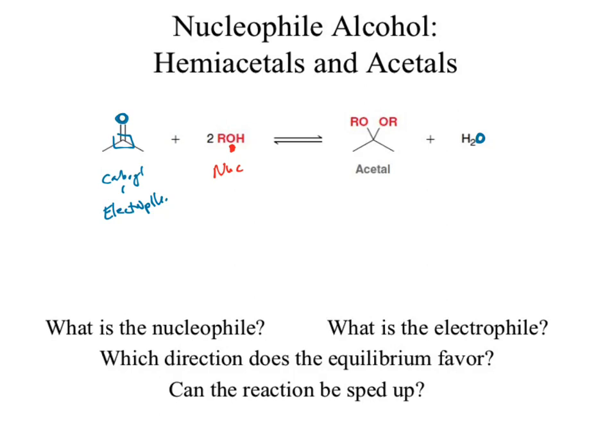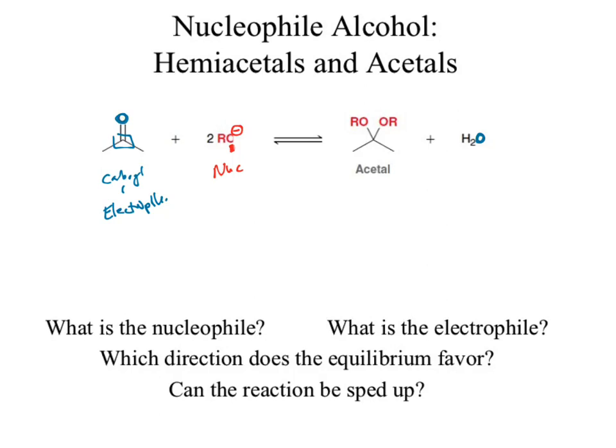Okay? Can we speed the reaction? Yeah, just like we did with the hydrate, we can do the exact same thing here. I can make the nucleophile more nucleophilic by doing what? I can add a base. What is that base going to do? Get rid of one of the hydrogens, giving it a negative charge.